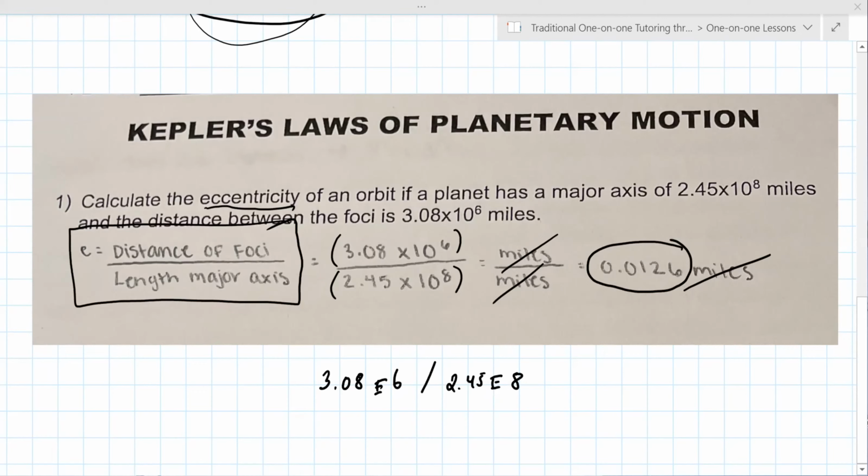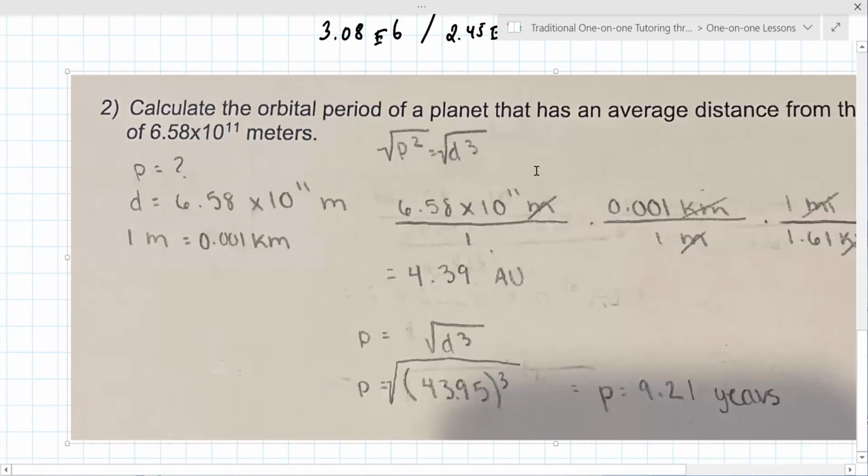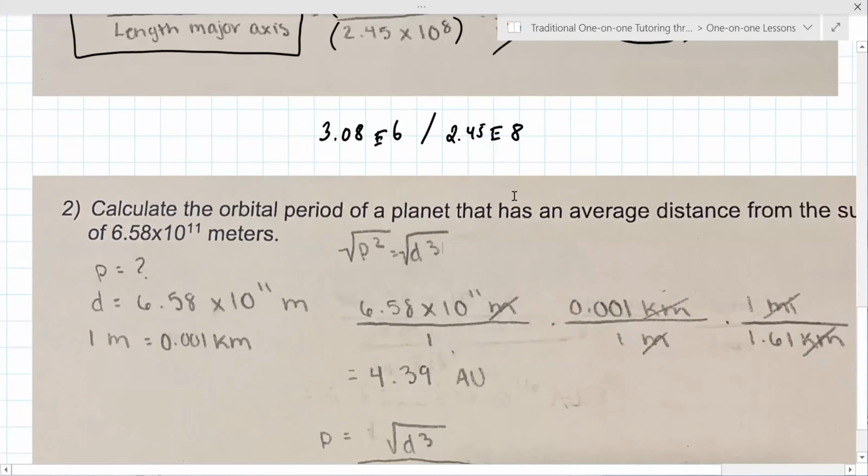I remember us working on this question together, and it was an orbital period question. So, another formula again. The orbital period is established by this relationship here. It starts with p squared equals d cubed.